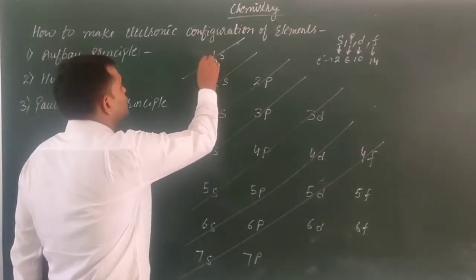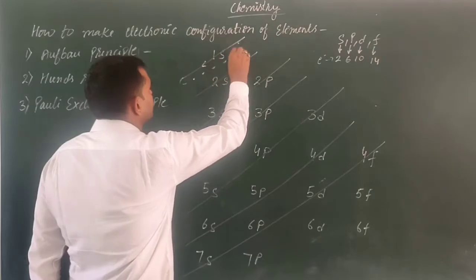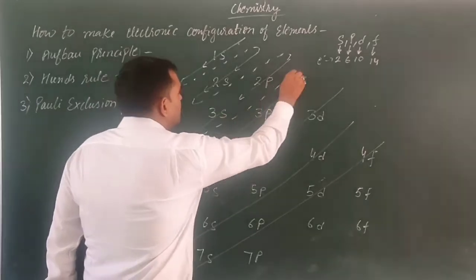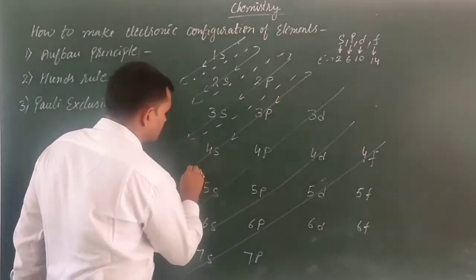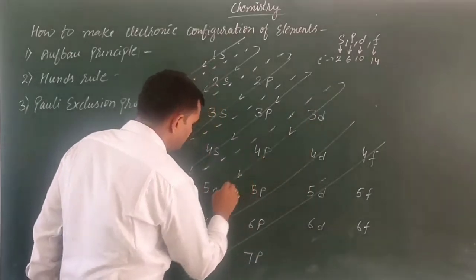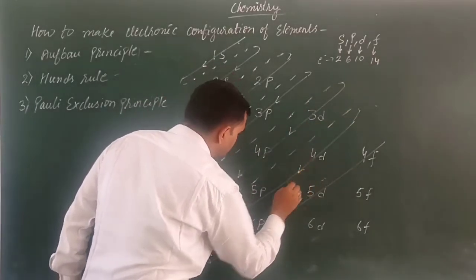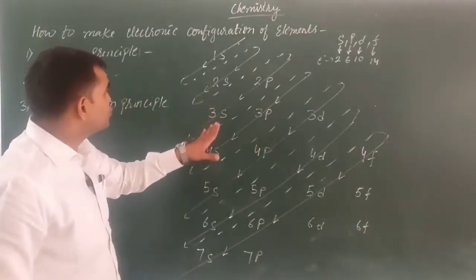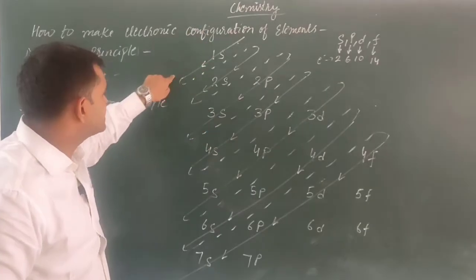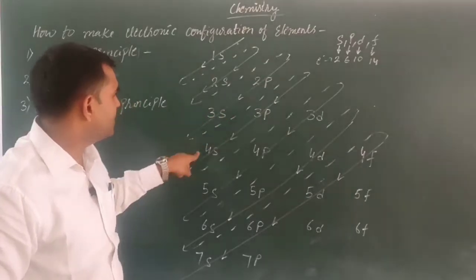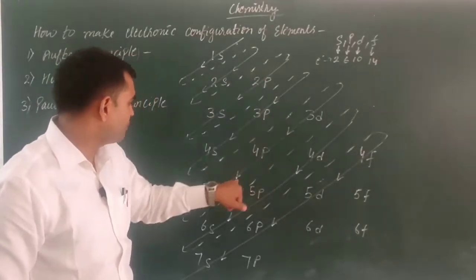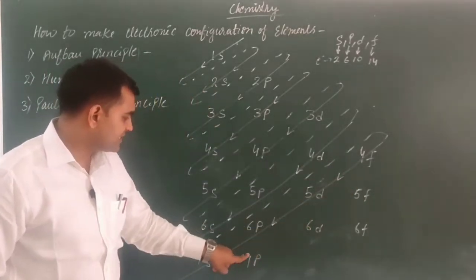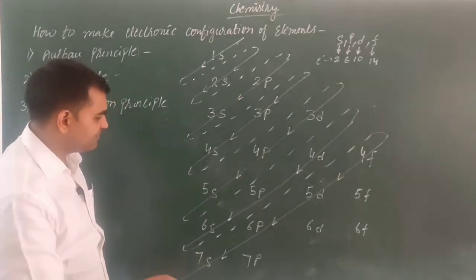Now we have to start from 1s and go in the upward direction, like that. What this arrow shows is that we have to travel from 1s to 2s, 2p, 3s, 3p, 4s, 3d, 4p, 5s, 4d, 5p, 6s, 4f, 5d, 6p and then 7s. Like that we have to travel.